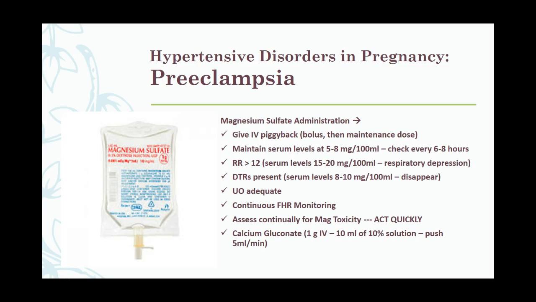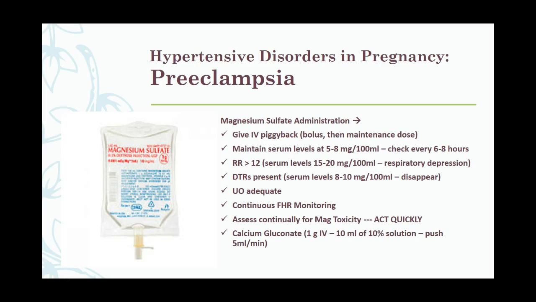We have to make sure that their respirations are greater than 12 whenever we start giving mag and throughout administration. Because if we increase serum levels to anywhere between 15 to 20 milligrams, we will send this person into respiratory depression.